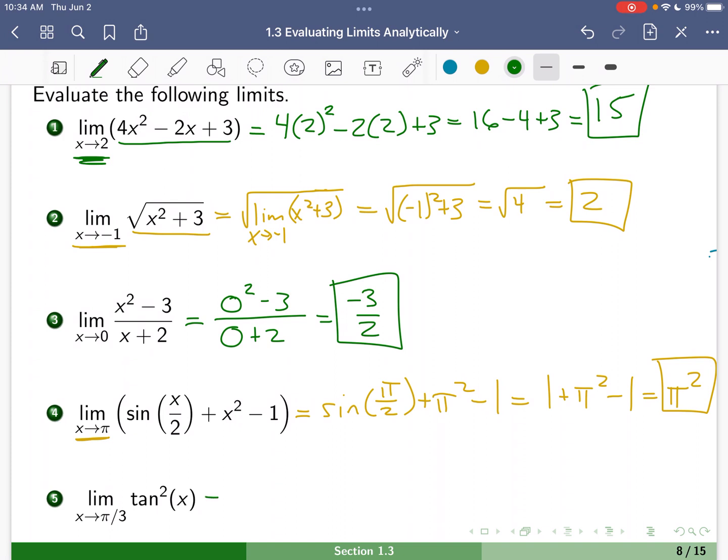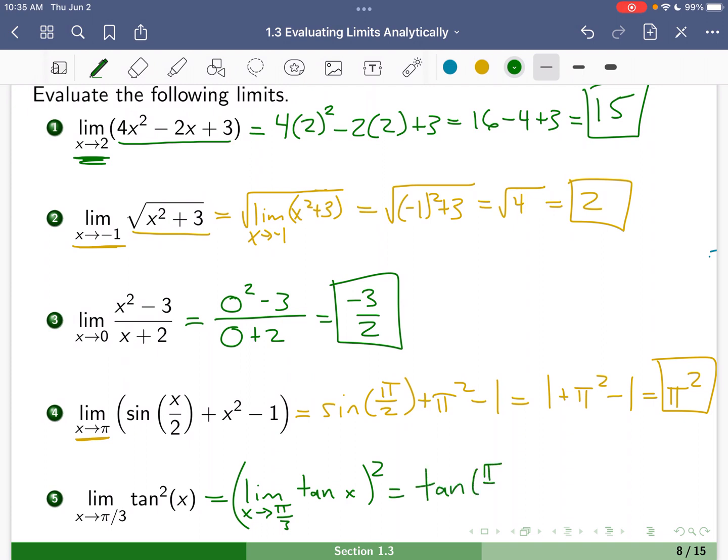And then finally, if we were to take the limit as x approaches pi over 3 of tangent squared of x, this is the limit as x approaches pi over 3 of tangent of x squared.